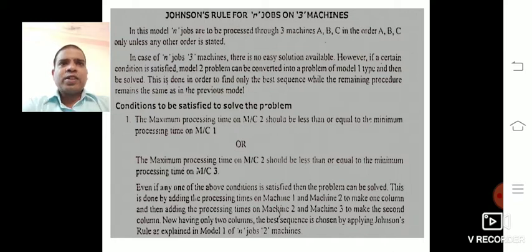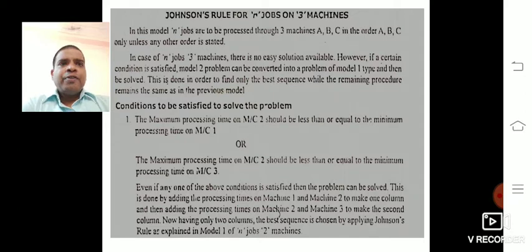These two are the conditions. If either one of these 2 is satisfied, then we can apply Johnson's rule for n jobs on 3 machines.